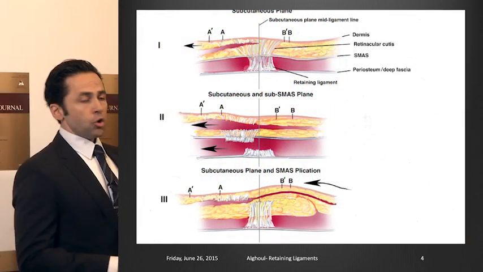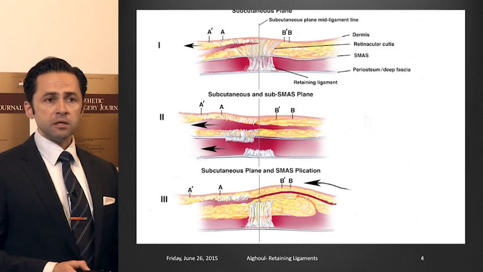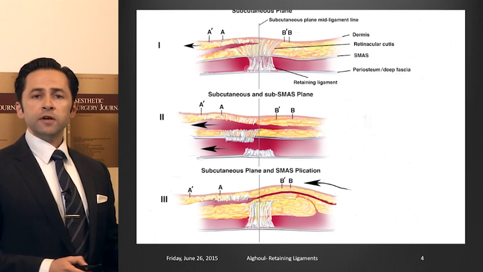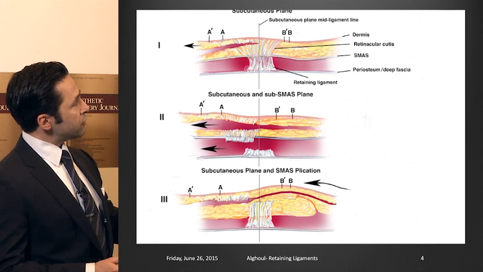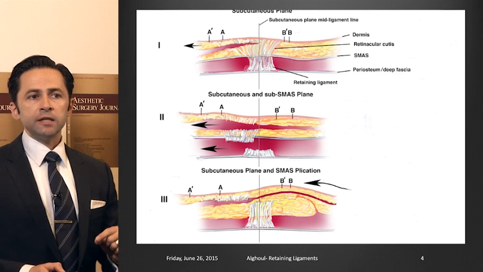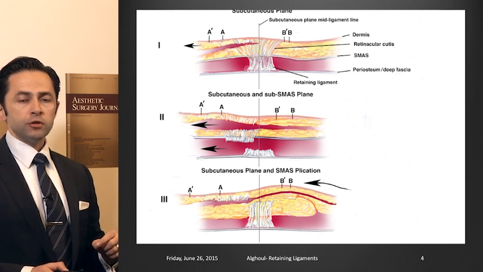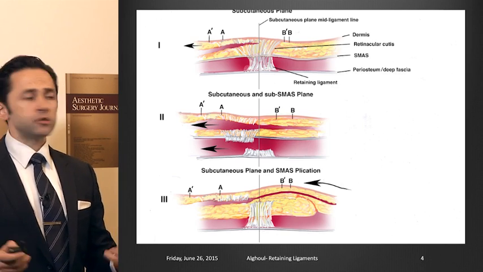These slides really show the clinical application of the retaining ligaments and how they apply to facelift surgery. For example, we wanted to illustrate where you need to divide the ligament, and which plane you need to divide the ligaments in different types of facelift surgery.